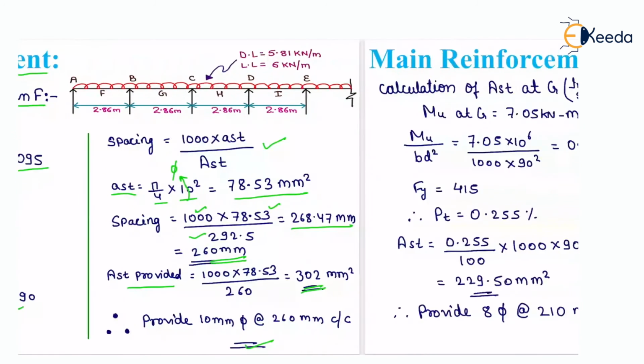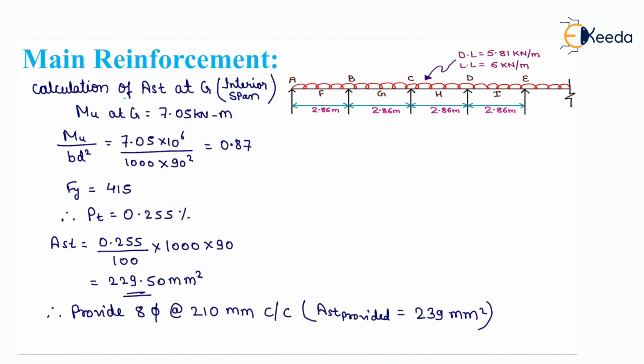Now Ast at G, interior span. The value of bending moment at G is 7.05 kilonewton meter. In a similar way, Mu upon BD square is calculated and its value will be 0.87. For Fy 415, the percentage of reinforcement of steel equals 0.255%.